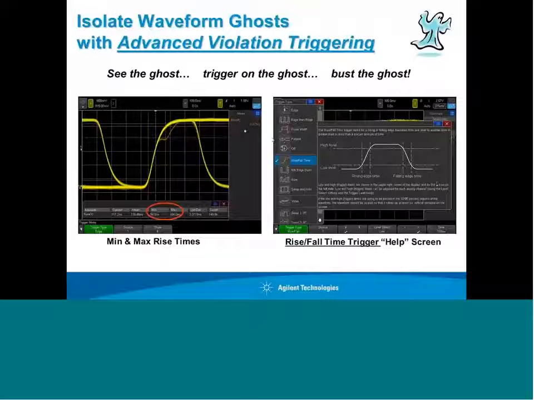When I ask people which one to select for this non-monotonic edge, most people say pulse width trigger. The right answer is rise and fall time trigger. But you must know what the normal rise times are in order to set up a timing criteria to trigger uniquely on a slower rise time, which this non-monotonic edge is.